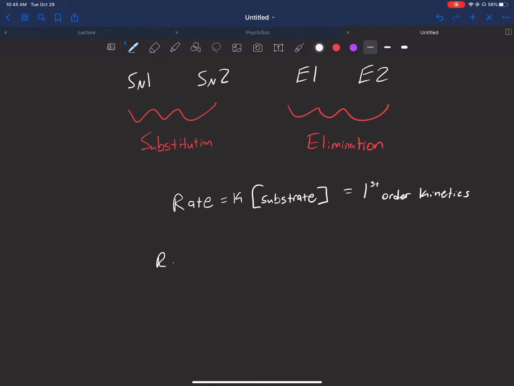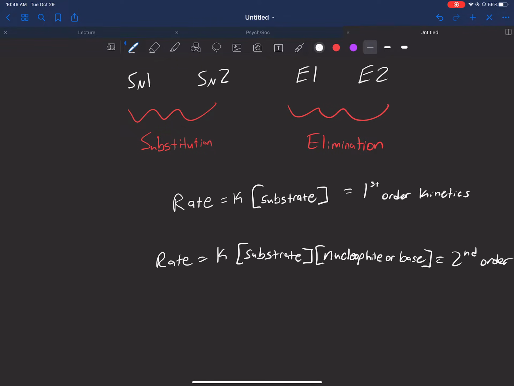The other one is for if you have a 2 in front, you're going to have K, substrate, times a nucleophile, or a base. And that's second order.